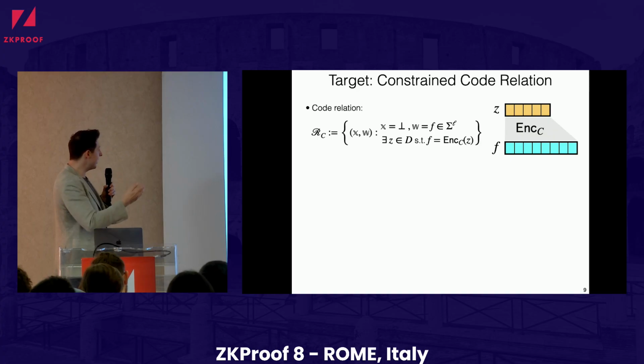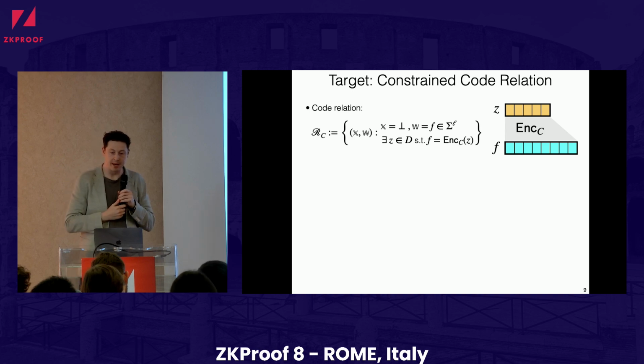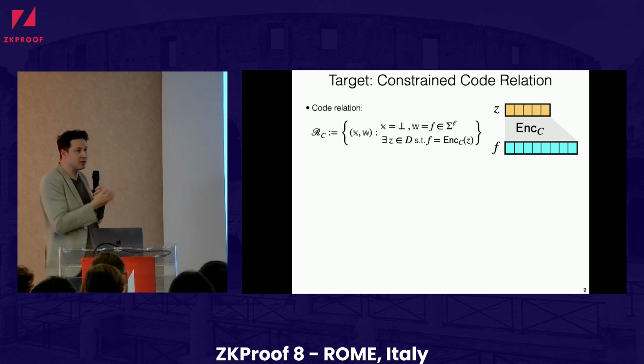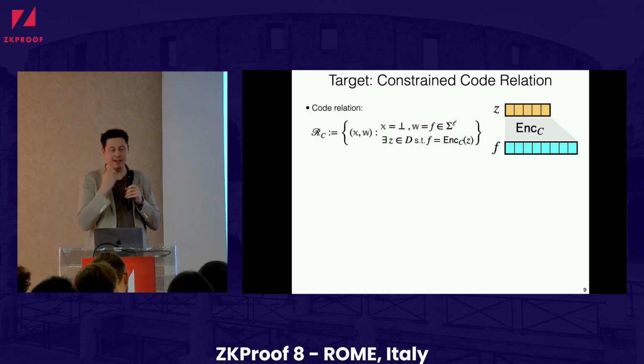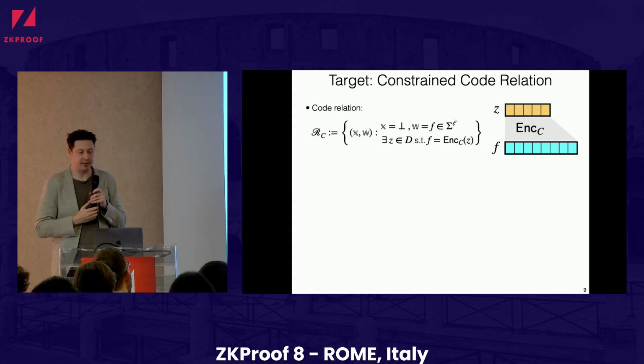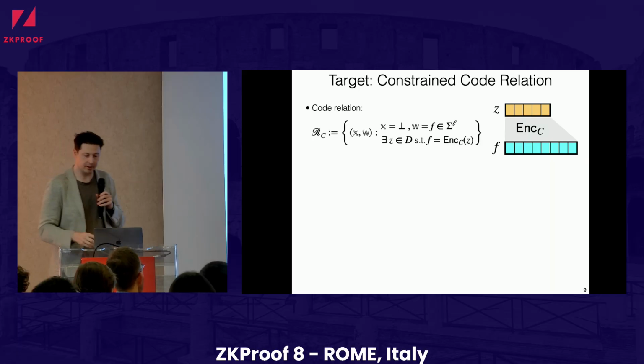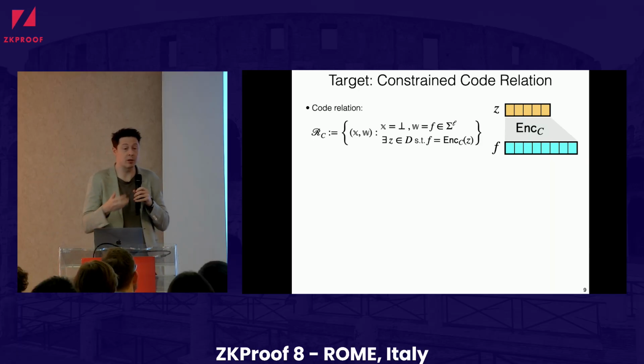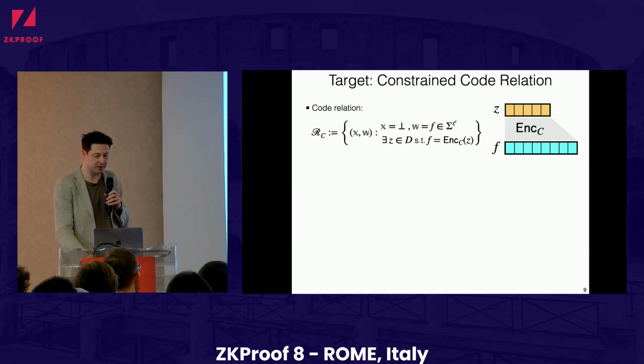And you consider the relation consisting of valid code words of the code. Okay? Now, by itself, it's not a very interesting relation because it doesn't tell us anything about satisfiability of anything, right? So we need to embellish this relation a little bit, so we can encode and program into it some interesting properties.